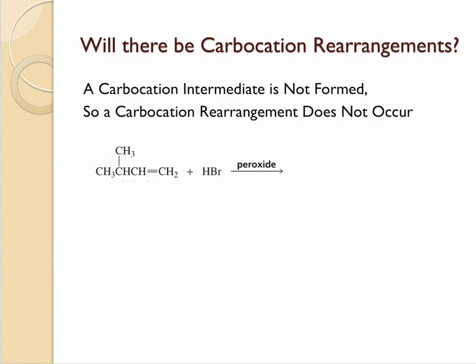So the bromine is going to go to this carbon, right? And the hydrogen is going to go onto the other carbon, and this is done at the expense of the pi bond. Okay, so the product here would be this, where you can see that the carbon skeleton has remained unchanged. So you have exactly the same carbon skeleton in both of these compounds. There is no 1,2-methyl shift or 1,2-hydride shift happening in this reaction.